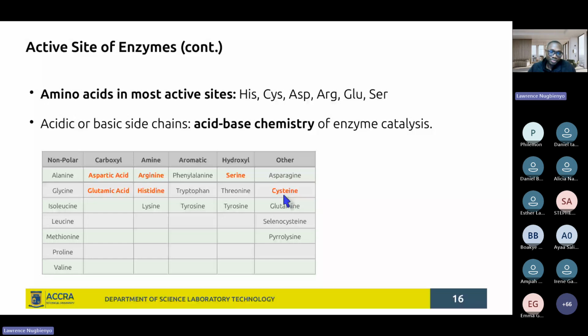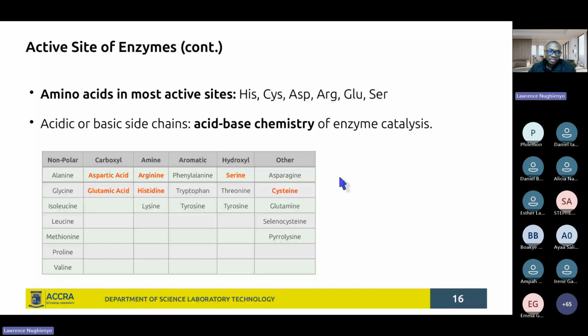That sulfhydryl group can also be active, giving out hydrogen ions. So you see that a lot of the enzymatic reactions occurring in the active center are by acid-base catalysis or acid-base chemistry. In some instances, we'll see things like nucleophilic attack, electrophilic attack. That's also understandable because there's transfer of protons in those active sites.